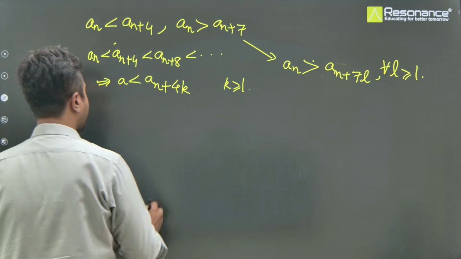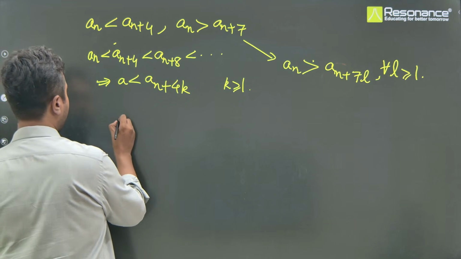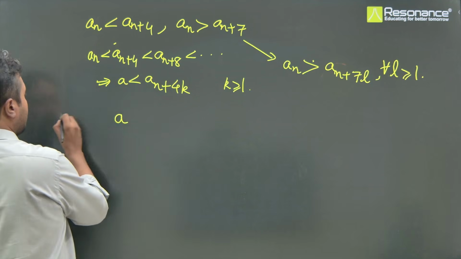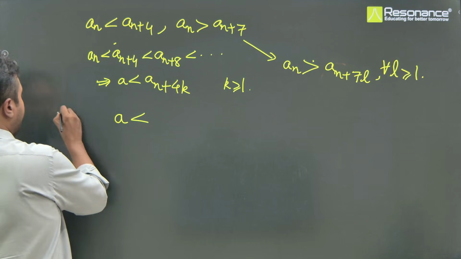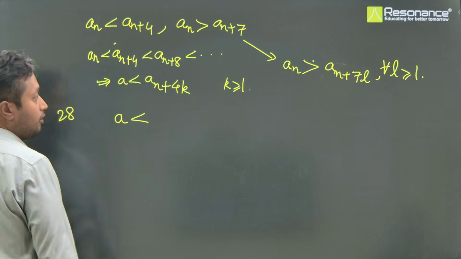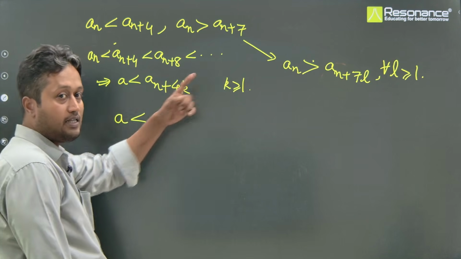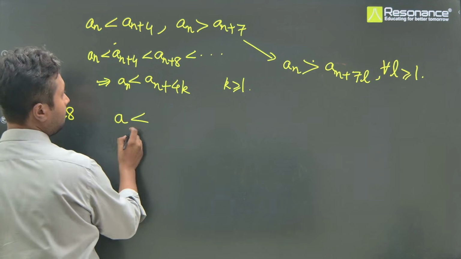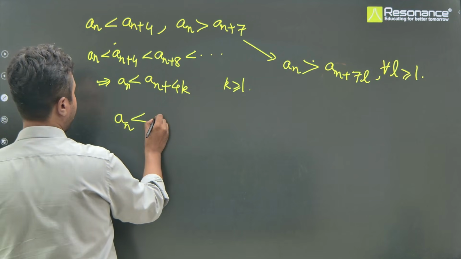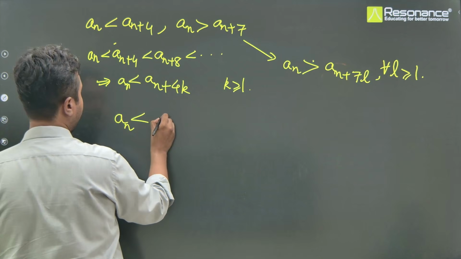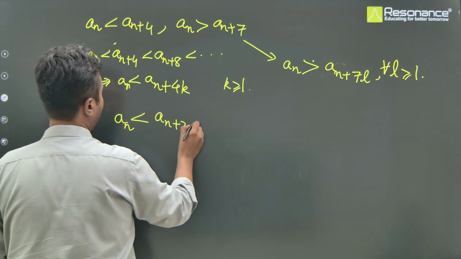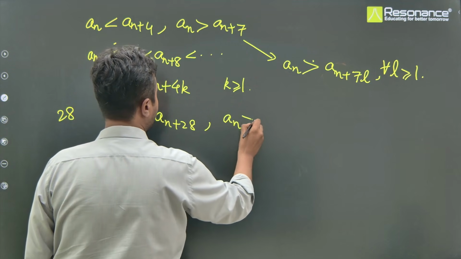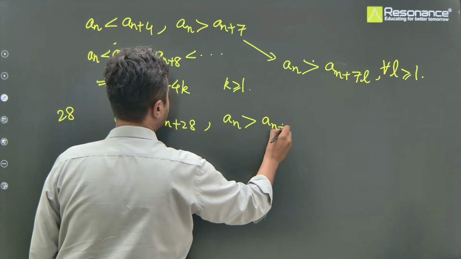Now the problem is, let's think about 28. 28 is the LCM of 4 and 7. So a_n must be less than a_{n+28}, and also that will tell me that a_n has to be strictly greater than a_{n+28}.